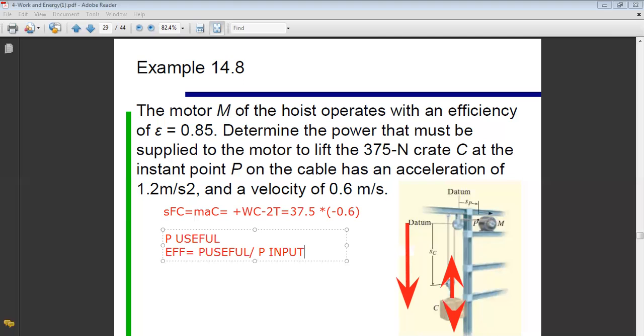So now since we already calculated P useful, P input is simply P useful over the efficiency, which is 0.85.